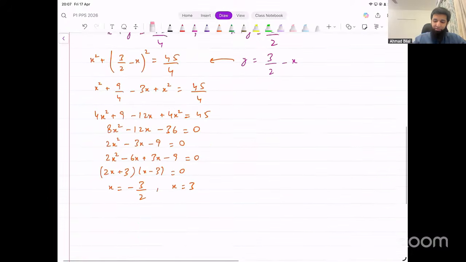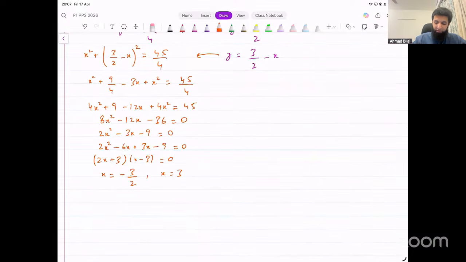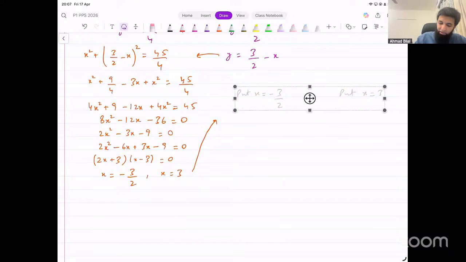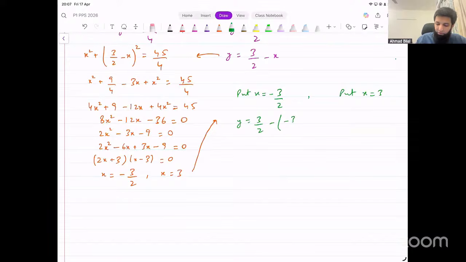We've got the x values. Put them in the other equation now and see what that gives you. If you input x equal to negative 3 over 2 in this, see what you get from that, and then you input x equal to 3 in this. Now, negative 3 over 2, that will give you y equal to 3 over 2 minus negative 3 over 2.